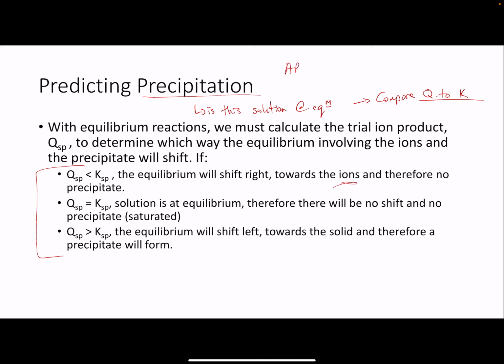So if we write our reaction again, there's our solute and there's its ions. If it shifts towards the right, then there's no precipitate because it dissolved. Ions are forming. If Q and K are equal, there's no shift, so it's at equilibrium, which is a saturated solution, therefore no precipitate forms. And if Q is larger than K when we calculate it, that means there's too much of the solute, so it'll shift towards the left and a precipitate will form. That's the only time a precipitate will form when we're trying to predict that.